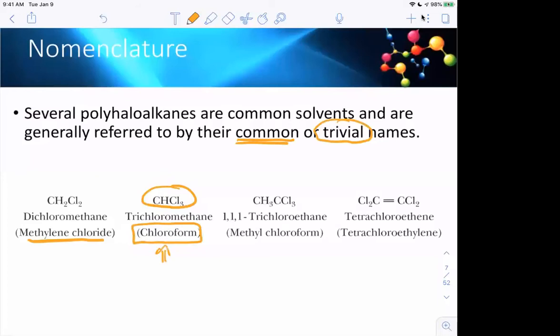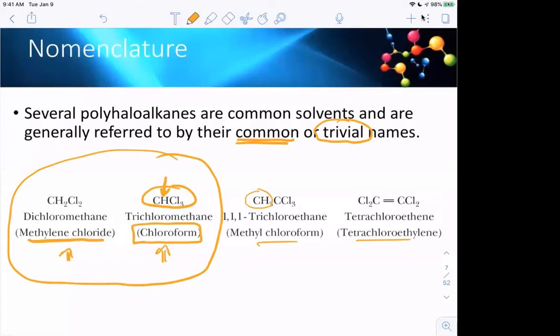And this is probably the most common ones you're going to encounter. This is methylchloroform. It's because I have this CH3 group that's replacing that hydrogen. And then this is called tetrachloroethene or tetrachloroethylene. These you're not going to see as much. These you're going to see a lot.